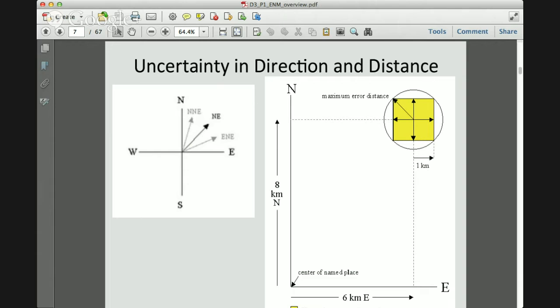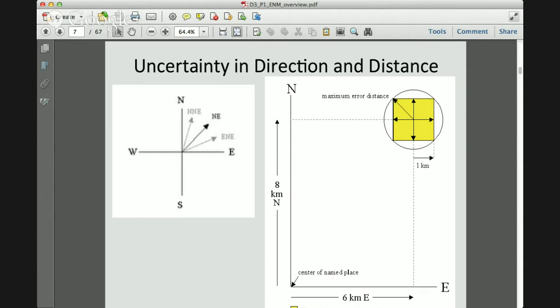If I say northeast of Lawrence, Kansas, I'm really not saying exactly 45 degrees to the right of north, but rather somewhere between north-northeast and east-northeast. And so that immediately gives us some uncertainty about the direction.